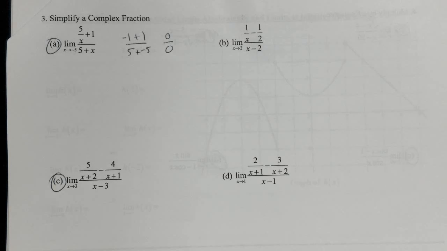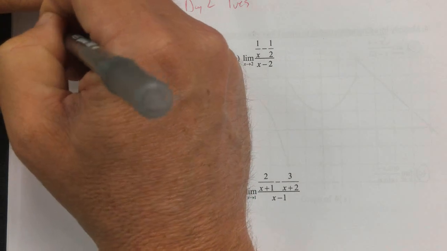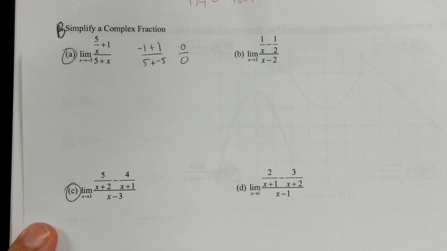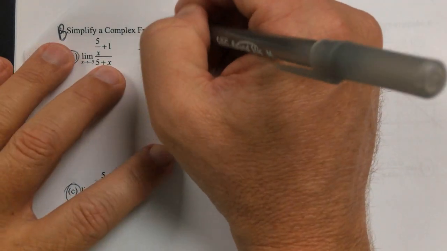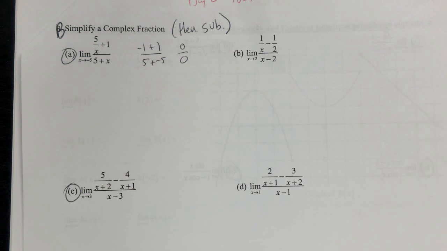Being careful not to write any equal signs, because the answer is not 0 over 0. The answer is I need to do something to fix that. If we're sticking with our new labeling system here, this is choice B under the other techniques, simplifying a complex fraction, and then substitute.